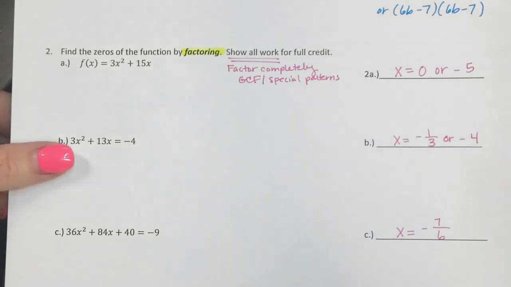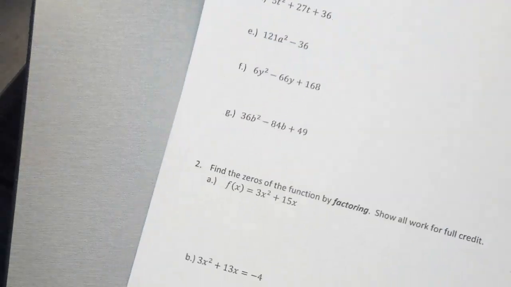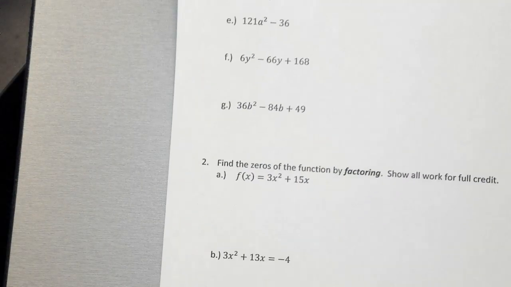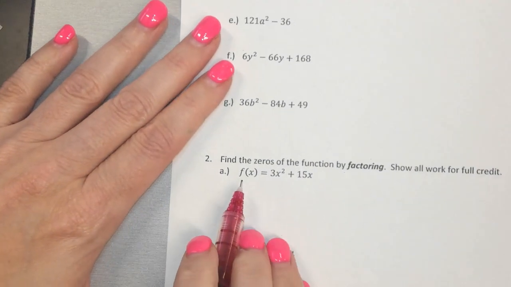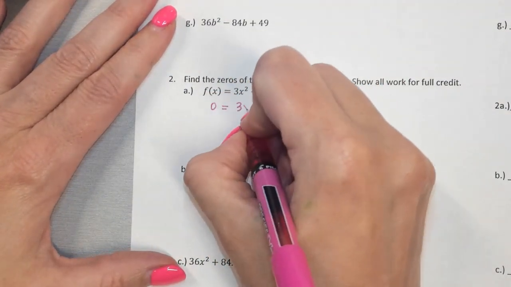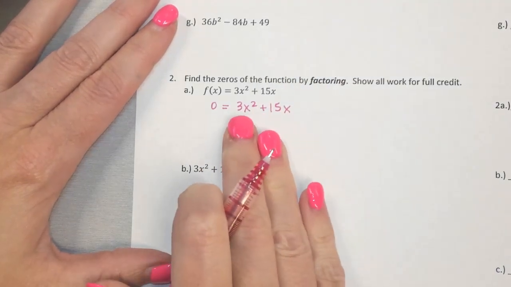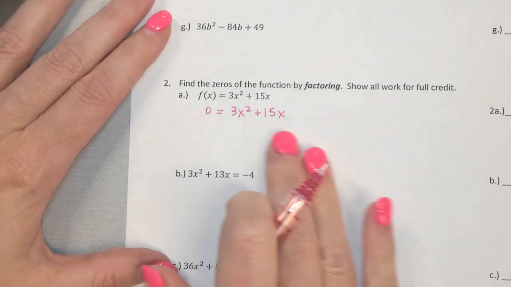Okay, so let's talk about how to start A. When you are finding the zeros of the function, if this starts with f of x equals, this is the same thing as 0 equals 3x squared plus 15x. For some reason, this tends to throw people for a loop.